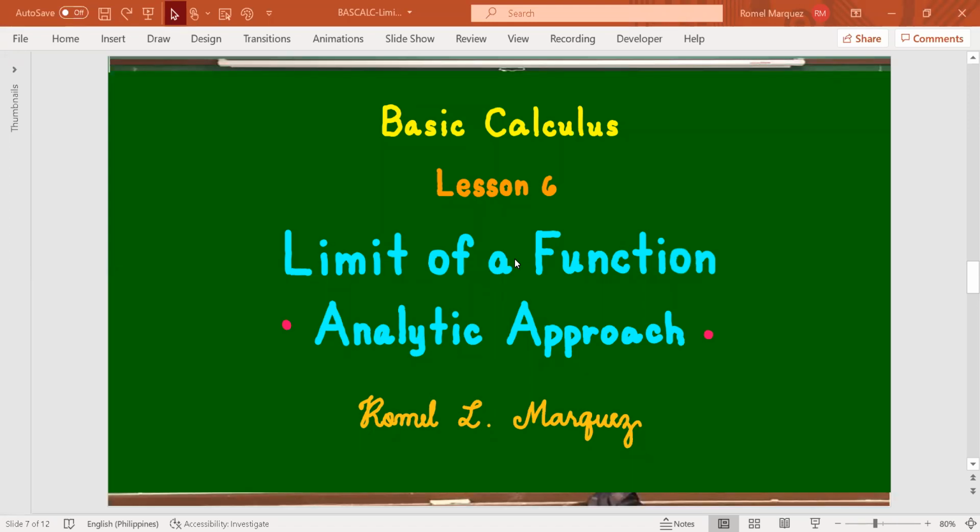By just looking at the function, we can determine the limit if we use the appropriate theorems together with some principles that I had with you. Okay, guys?